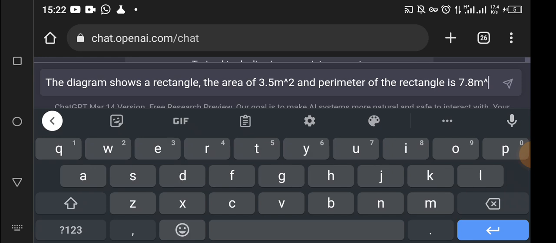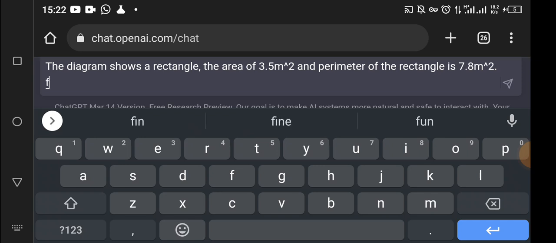So I'm going to put the square meters here. So the question now asks, find the dimensions, right? Dimensions of the rectangle.